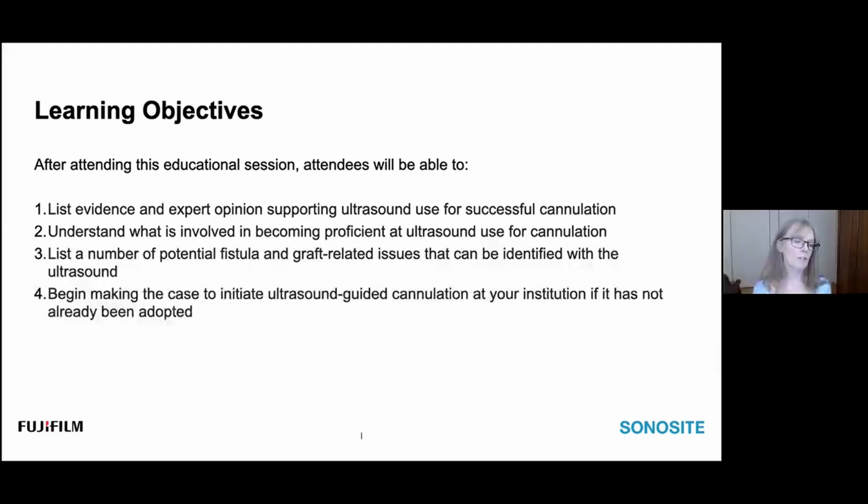Second, understand what is involved in becoming proficient at ultrasound use for cannulation. Third, list a number of potential fistula and graft-related issues that can be identified with the ultrasound. And fourth, begin making the case to initiate ultrasound-guided cannulation at your institution if this has not already been adopted.